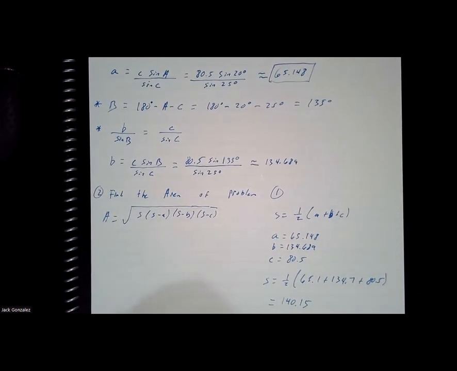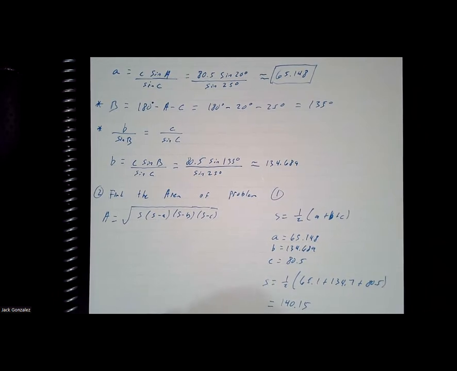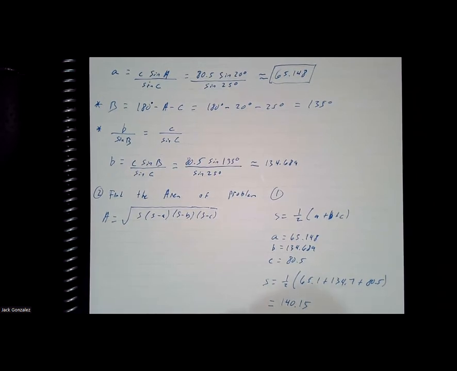So the area A is equal to the square root of 140.15 times 140.15 minus A, 140.